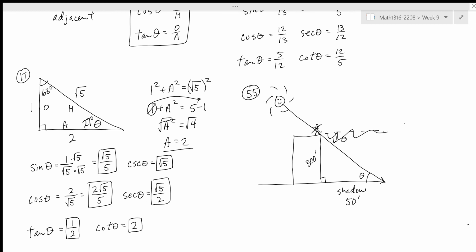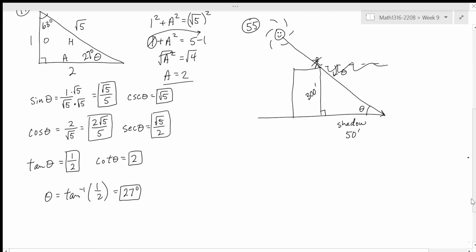What are we looking for? What is the angle of elevation of the sun? We're trying to find out how many degrees is that angle. Well, let's consider what is in the picture. I've got this side over here that's 300. Is that side opposite, adjacent, or hypotenuse?